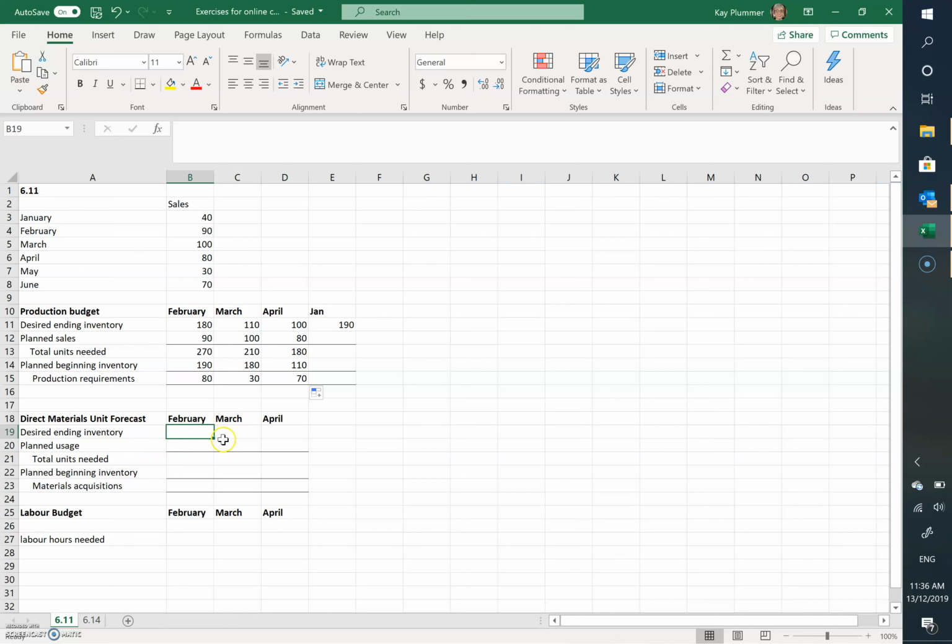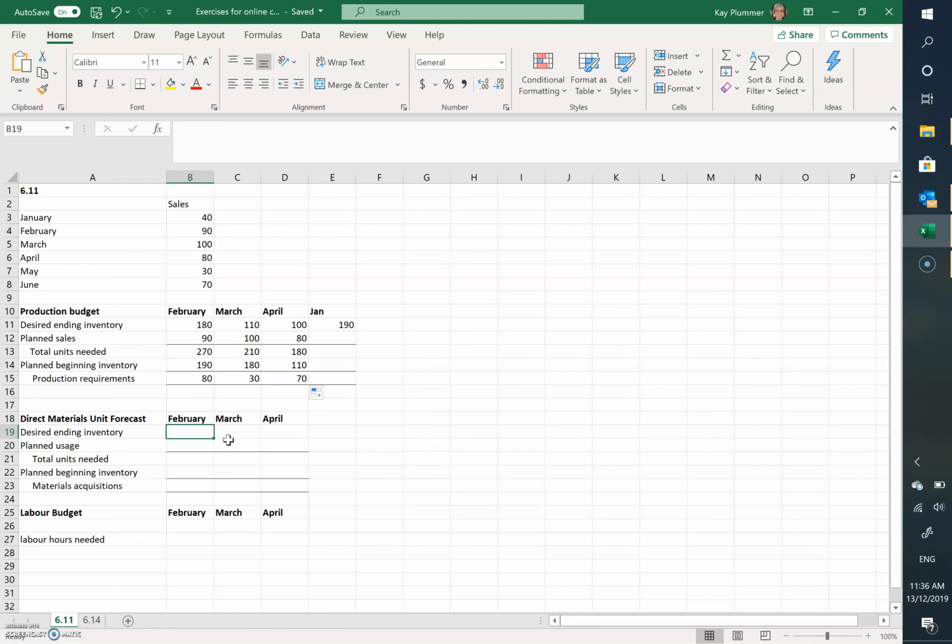Now let's see what we have to do here. The next thing is our direct materials unit forecast. We know that the finished product requires 3 units of raw material and 10 hours of direct labour.